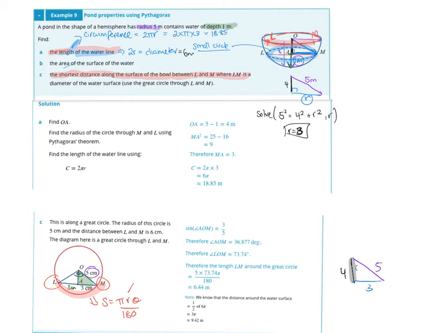So what they did is they found this angle up here using, which one did they use? 3 over 5. So they used sine, and they found sine of the angle equals 3 over 5, and they got the angle to be 73, which is here. And then they popped that, they got the angle to be 36, and then they doubled it.